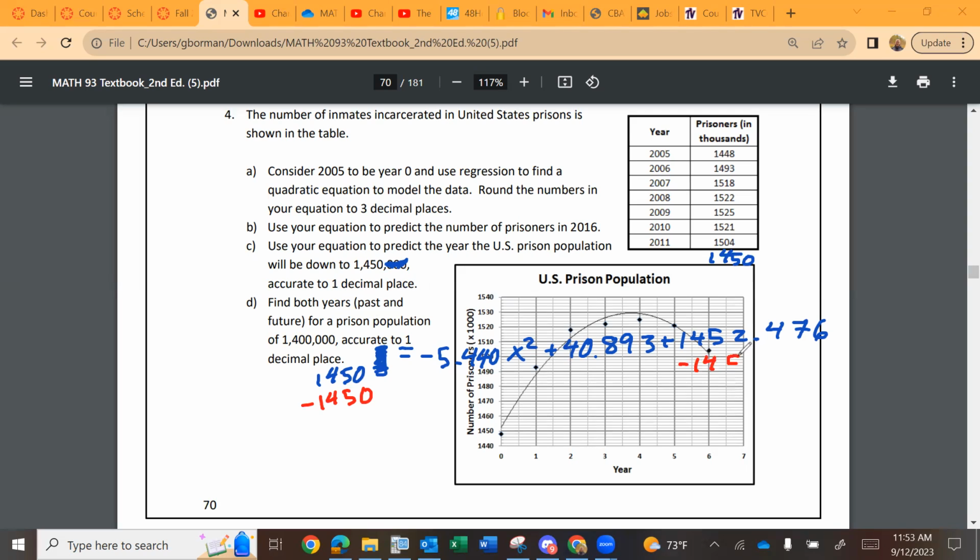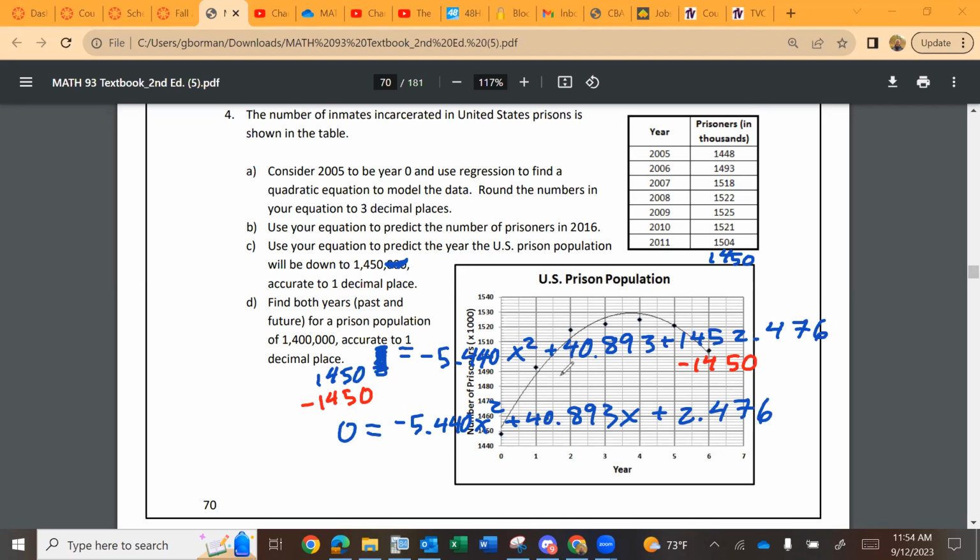I have to subtract that from both sides. That gives me a 0 on one side, and on the other side I get all this other wonderful stuff. If I subtract that, I'm going to get 2.476.